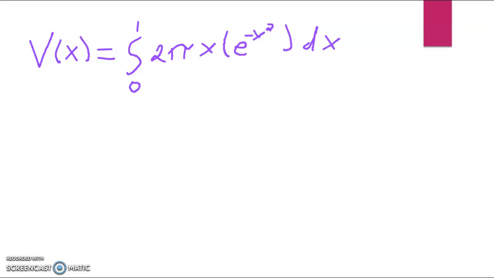So now we're going to go ahead and evaluate this integral. This is a constant, so we could go ahead and take that outside of the integrand. And then we have the integral of x e to the negative x squared.